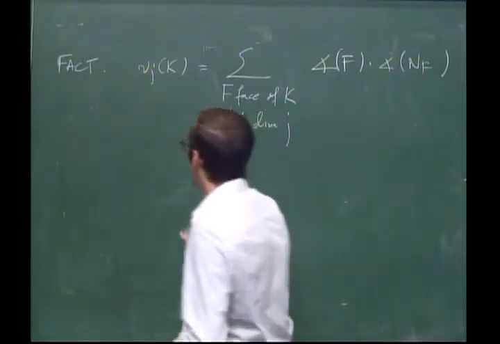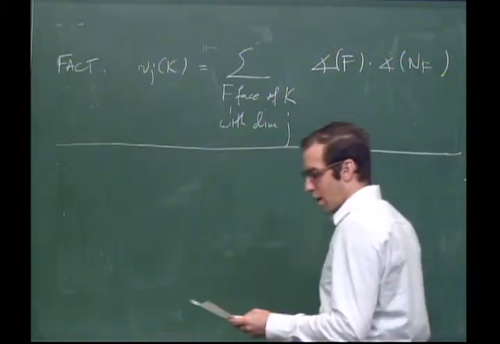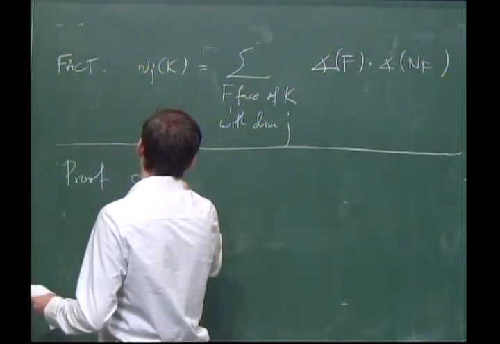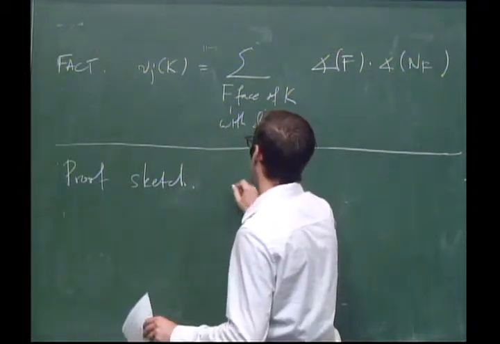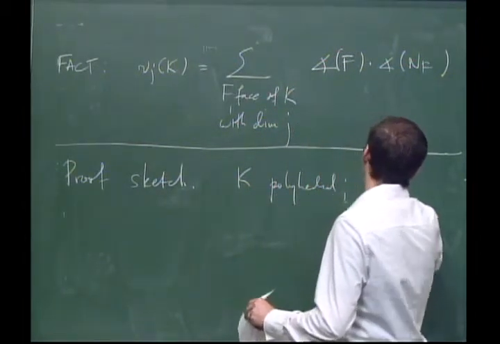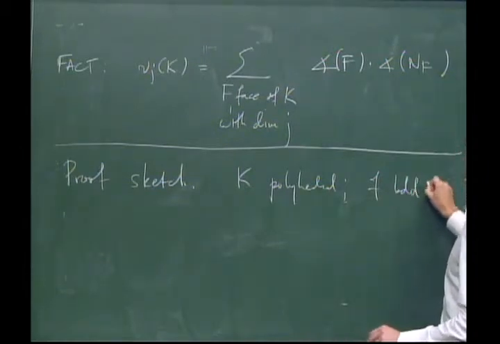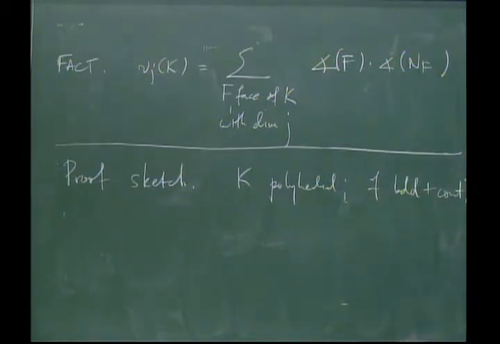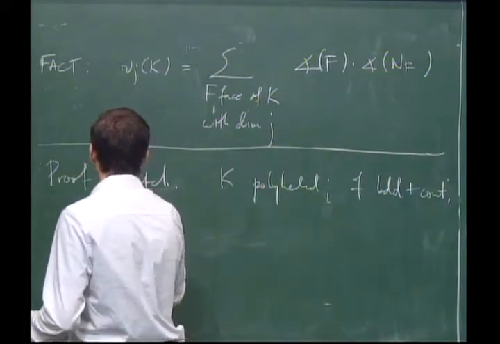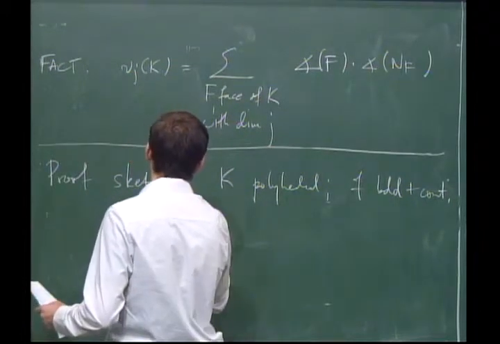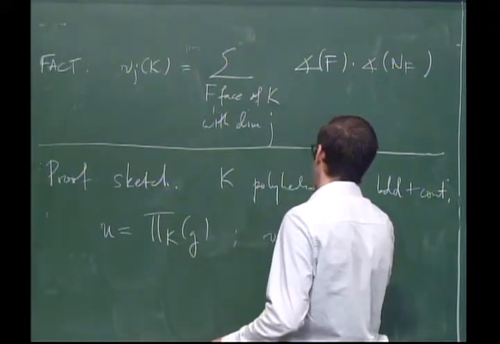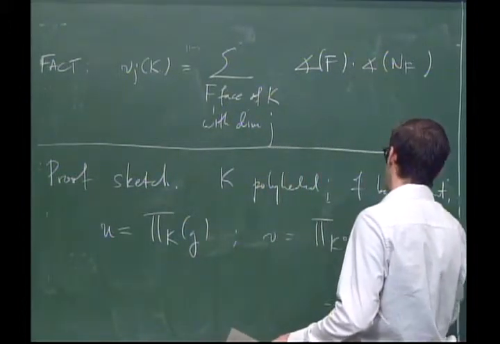Okay. Now, with this, we can give a sketch for the important case, which is the one where K is polyhedral and f is bounded and continuous. Okay. So I'm going to define variables U to be the projection of a Gaussian onto the cone, and V to be the projection of the same Gaussian onto the polar cone.